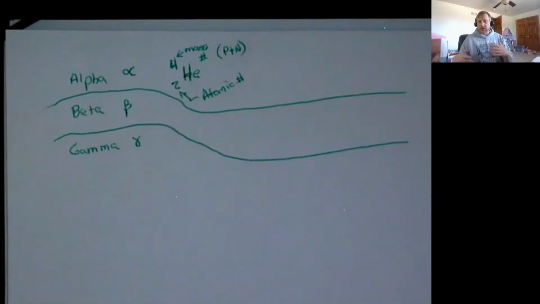Well, in order to conserve the charge, that has to leave the particle behind as a positively charged particle, or in other words, a proton. So what beta emission does is turn a neutron into a proton by throwing off an electron, by shooting out an electron.